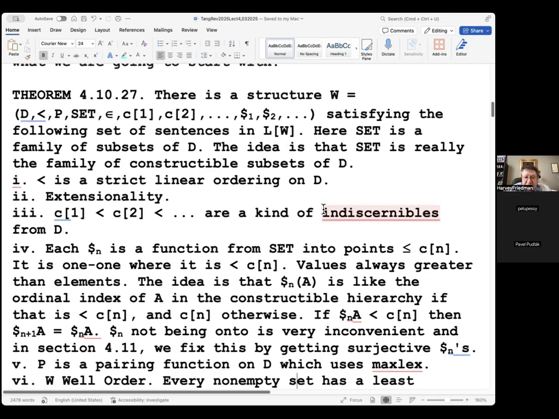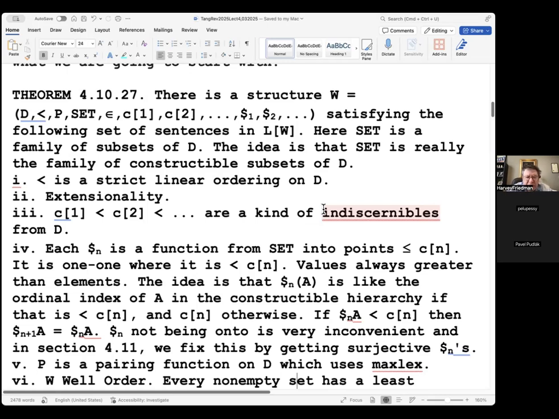We have a structure W, D, less than, capital P, set, epsilon. This is a second order structure, with constants C1, C2, dot dot dot, and functions $1, $2, dot dot dot.